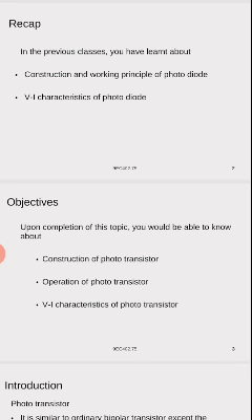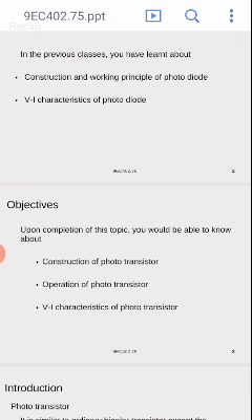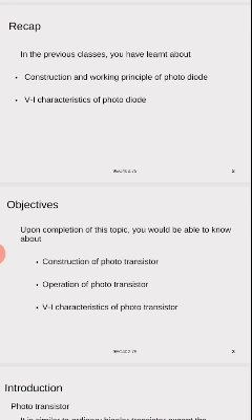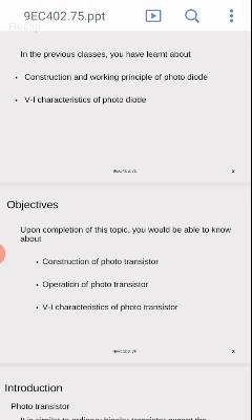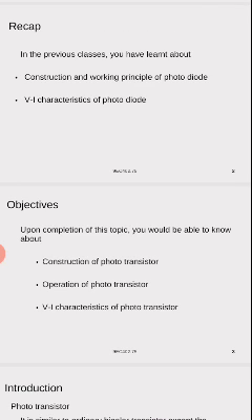We know the general transistor. It is the same as a general transistor, but it is an optoelectronic device. Its operation can be controlled by photo intensity. As photo intensity or light intensity changes, its operation can be changed.